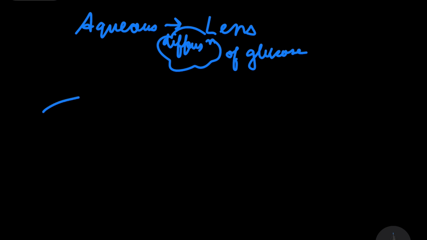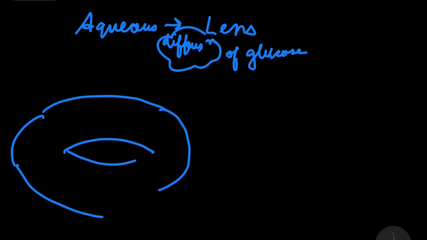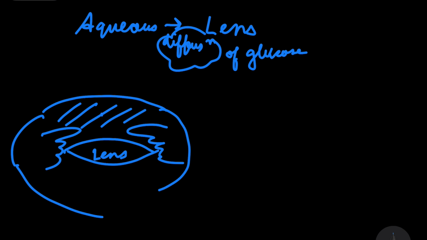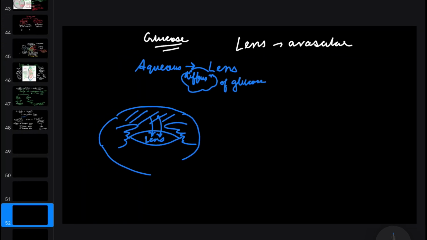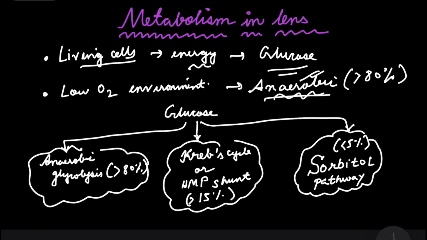So basically, suppose this is the lens, this is the ciliary body with the iris. In front over here, this is the aqueous. So from here to here, there is diffusion. Now, I had mentioned in my previous slide about these three mechanisms by which glucose is metabolized.